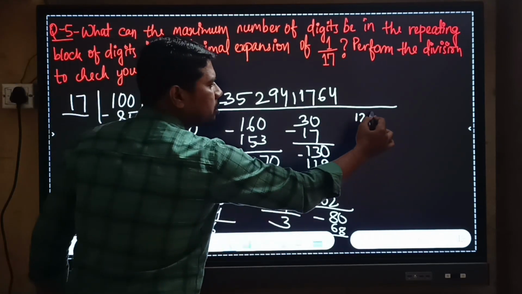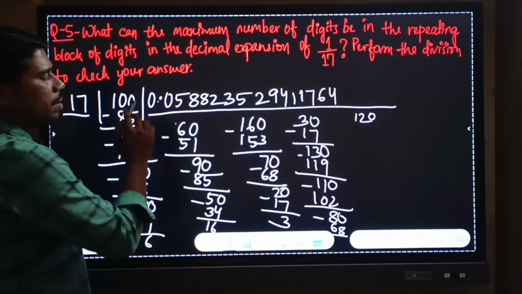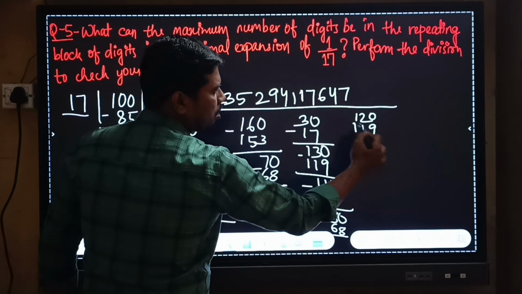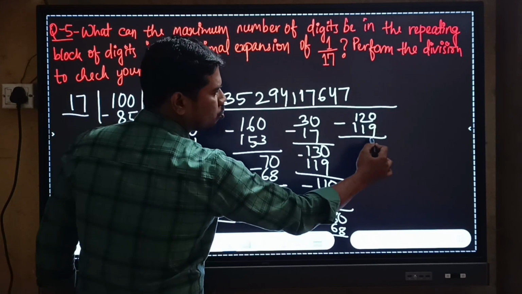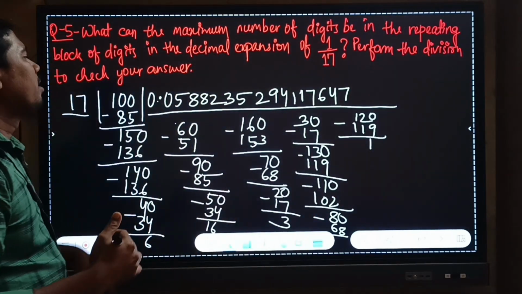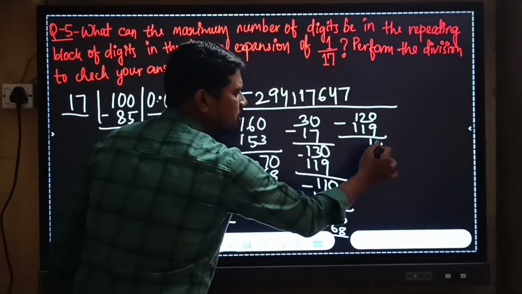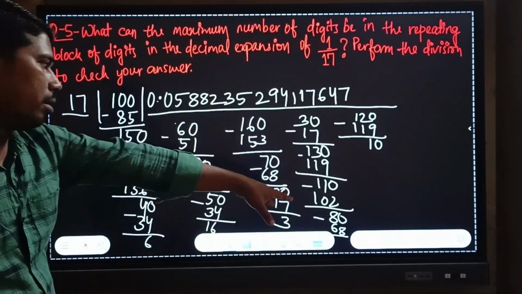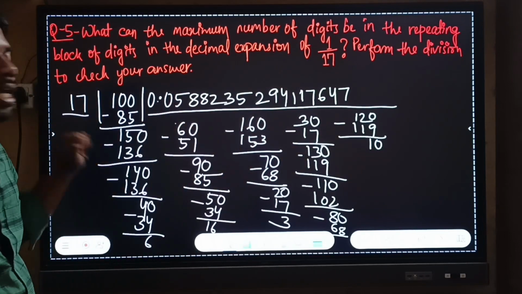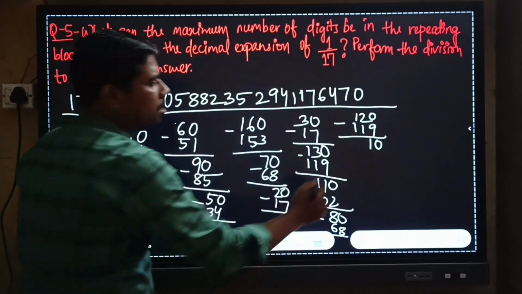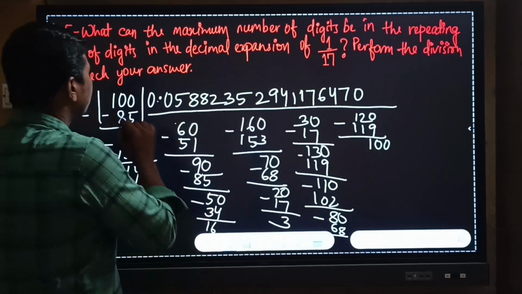Then the point is there, 120, 17 7s are 119. Then it will subtract, the result is 1. 1 means again, 1 is very small, the point is there, so 0 will be added here. Now also 10 is very smaller than 17. So again another 0 will come. Okay, so it will become 100.